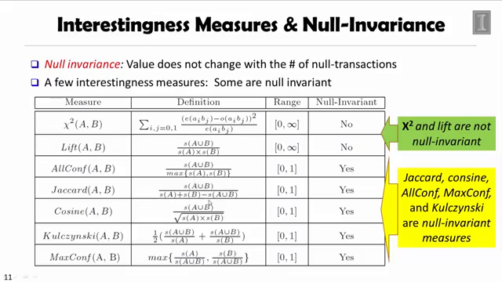But all confidence actually takes the smaller value among A and B as the denominator, and the numerator is just the support of the rule. And max confidence is trying to find the maximum one of them. These 2 were actually proposed in the study of measuring association rules.